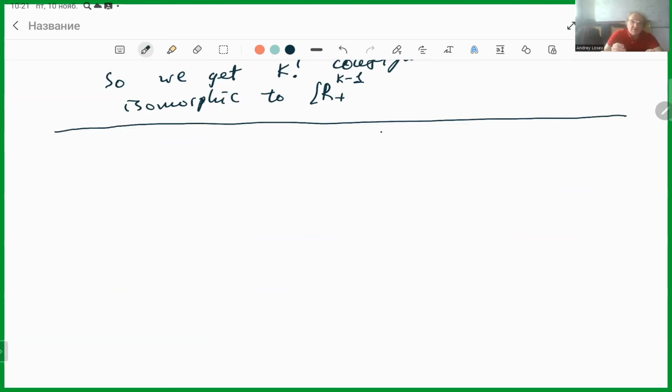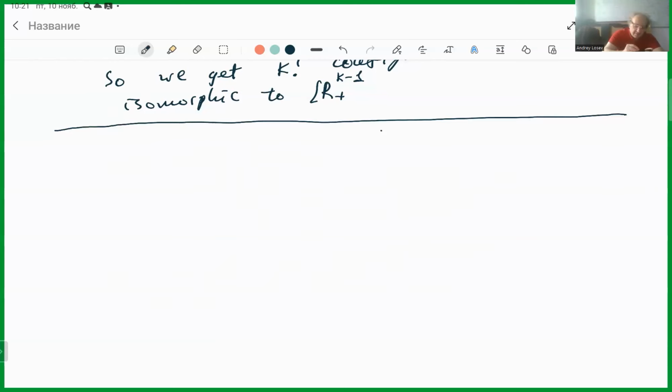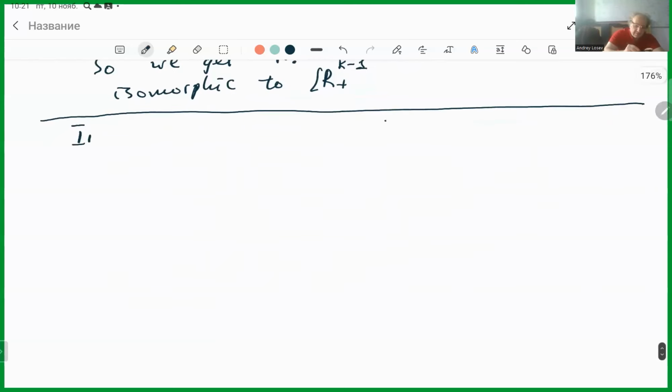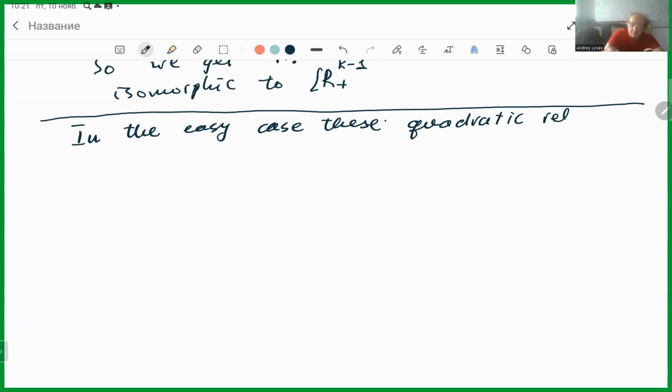So what am I going to say? I am going to say that in the easy case, these quadratic relations may be written as follows.